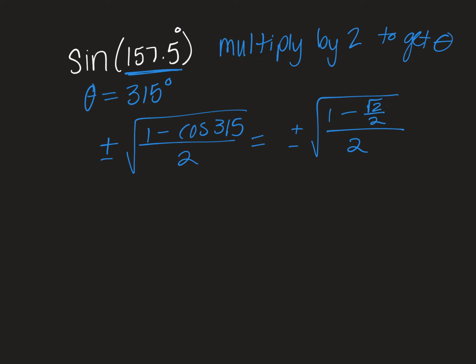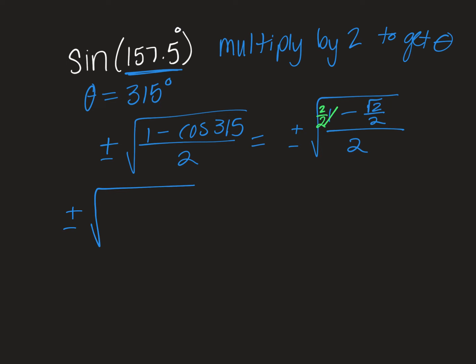All right, so any ideas on what to do next? Common denominator. Good job, Briar. So that means this 1 is going to turn into 2 over 2, which then will make that part on top.